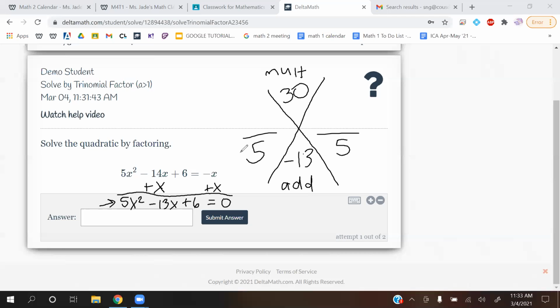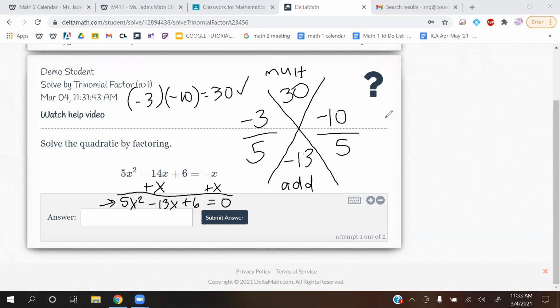Okay, wait. Or sorry, add to negative 13. Okay, so what about negative 10 and negative 3? Two negative numbers, because negative times a negative equals a positive.